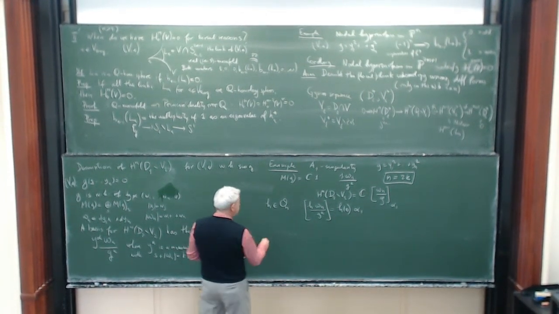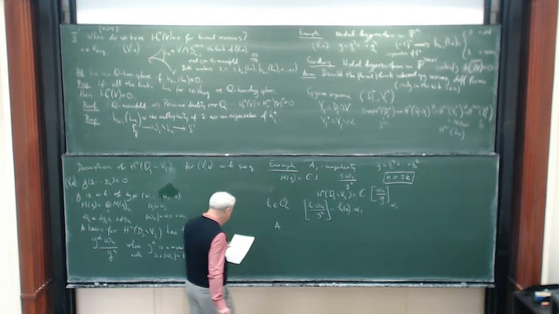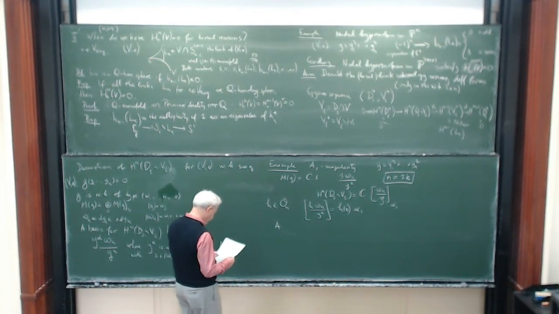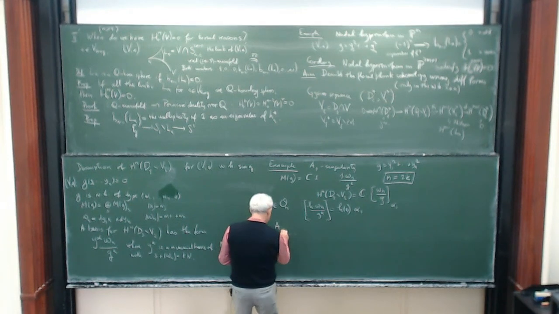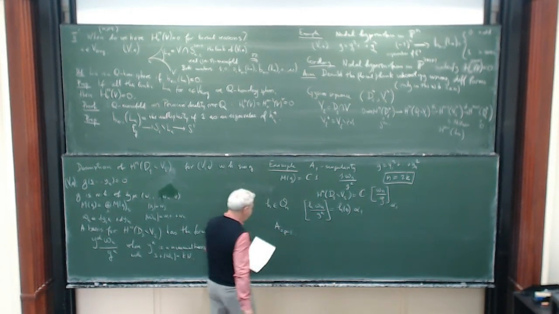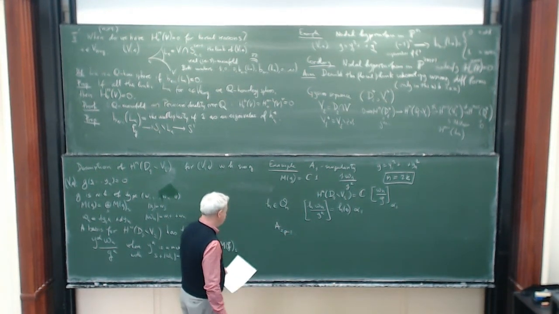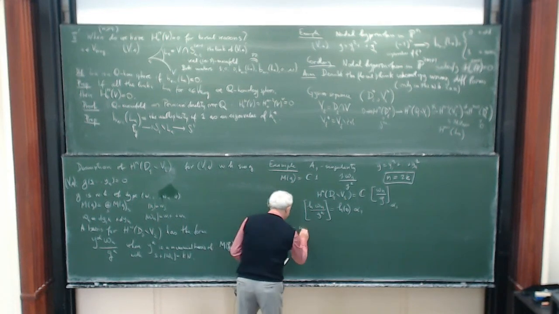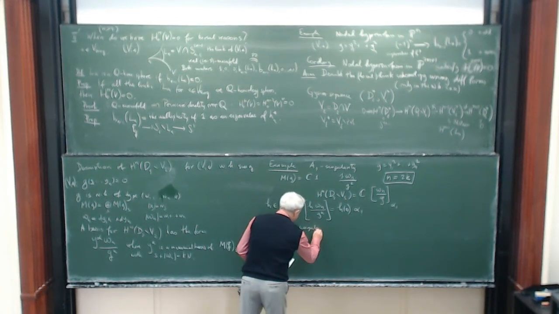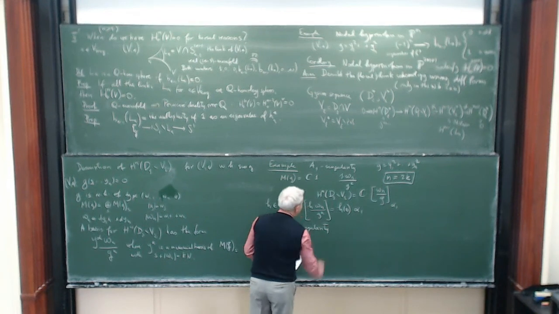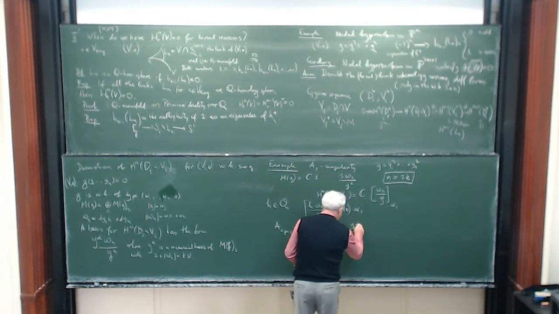And now, let's look at a slightly more complicated example. The A_{2p-1} singularity. And this has an equation of the following type.